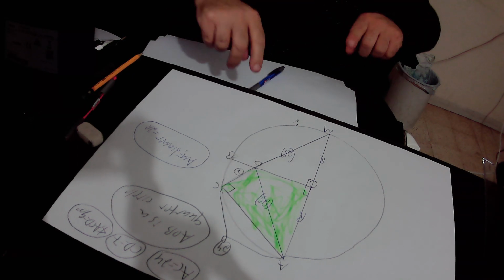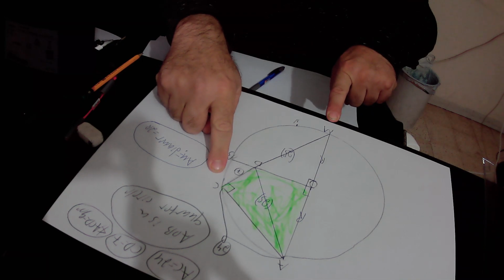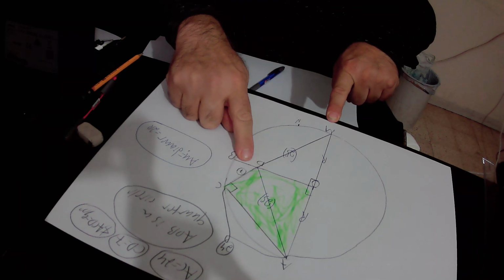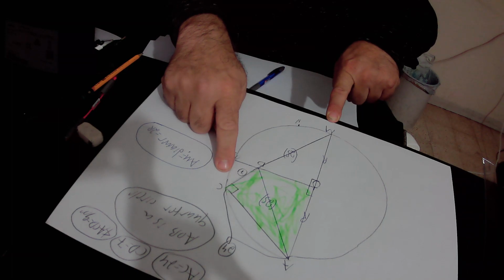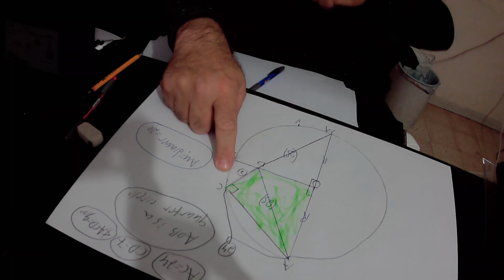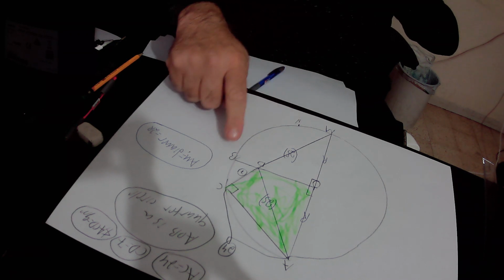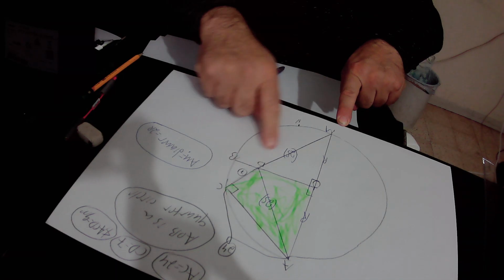So what is the length of side CM? First of all, CM is one straight line because we extended the side CD by a straight line. When we extend a straight line by a straight line, the result must be a straight line. Therefore CM in total equals CD plus DM.